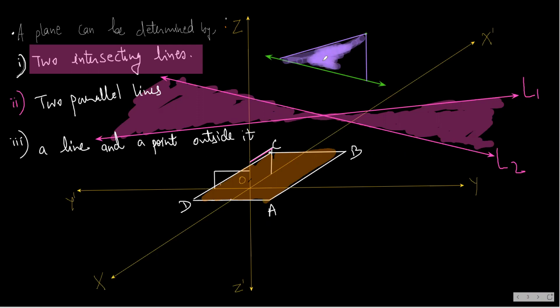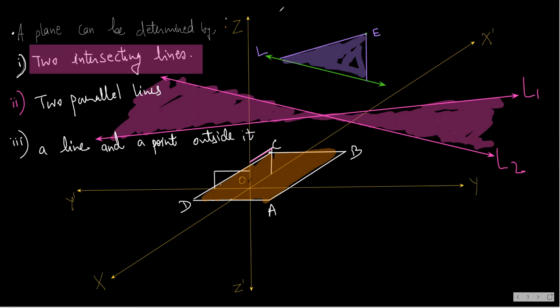So remember, students, how could a plane be determined? You can determine a plane by two intersecting lines. You can determine a plane by two parallel lines. You can also determine a plane by a line and a point outside the line. This is line L and this is a point outside the line.